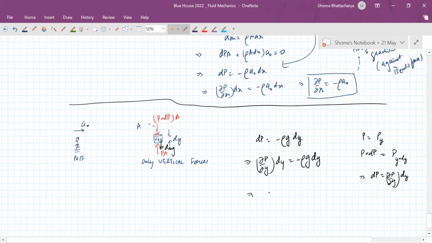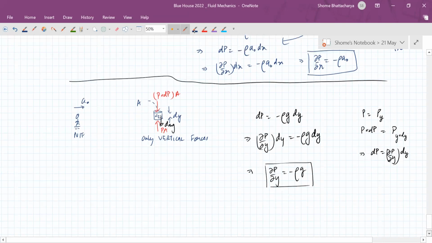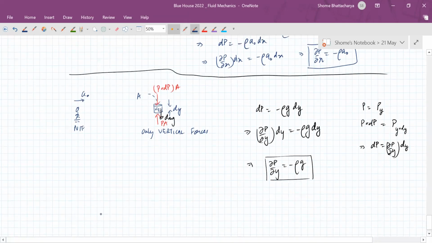So we get that same expression of vertical pressure gradient. So now using these two together, we get a unique relationship for pressure difference between any 2 points inside the fluid.